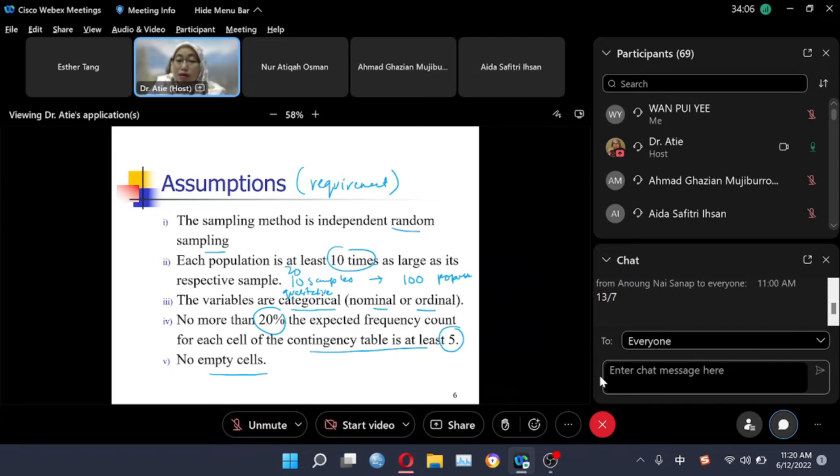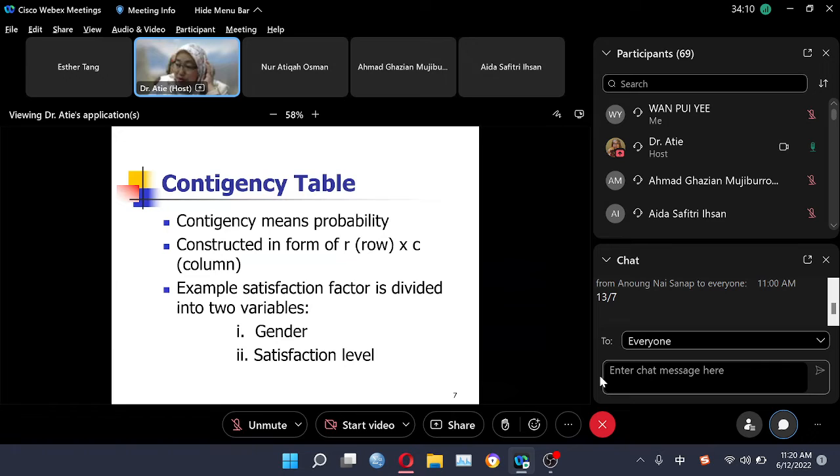Okay, contingency table. The most important thing in this chi-square test is to develop the contingency table. If ANOVA has an ANOVA table, chi-square also has its own table, which is called the contingency table. Contingency here means probability, so it's a probability table.